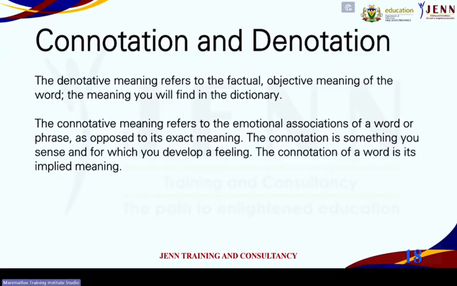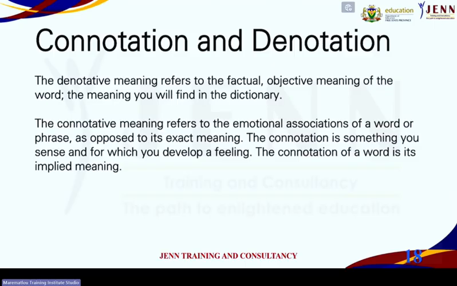The denotative meaning, or the denotation, refers to the objective meaning of the word, and you will find this meaning in the dictionary. For example, if I look up the word fire, I will see it is a source of heat, a way to cook food or bring warmth.